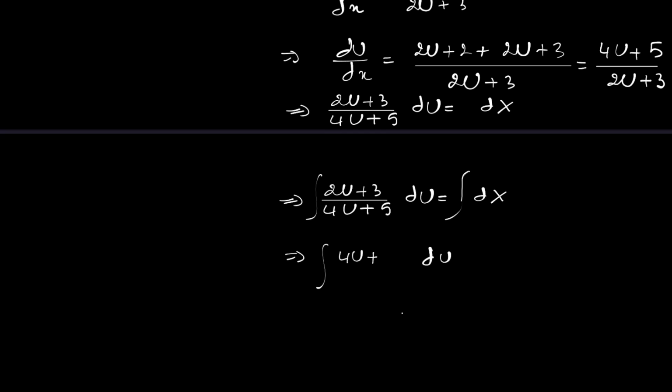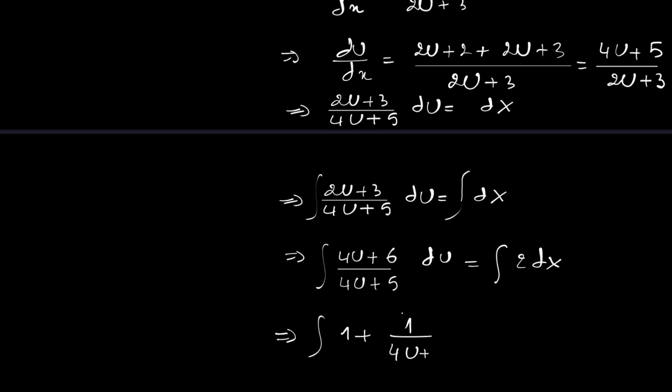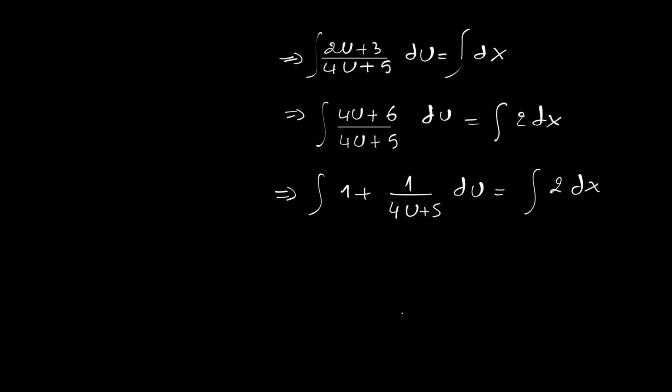Let me multiply everything by 2. Then by the Euclidean division, we obtain this. And here the antiderivative is very easy.